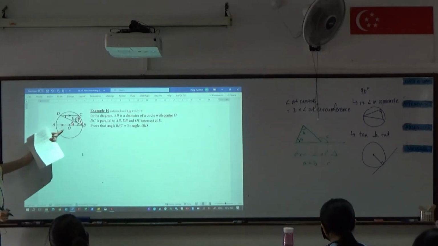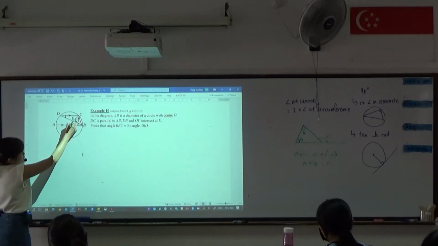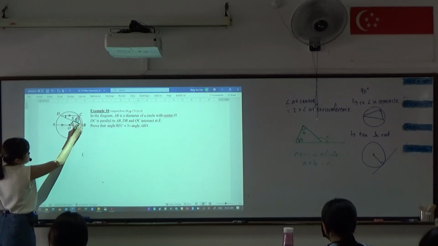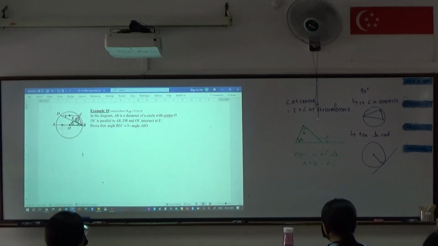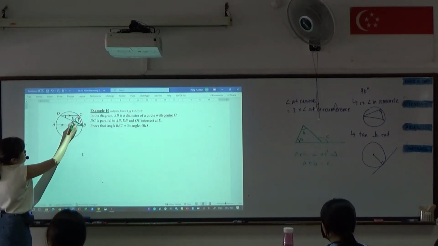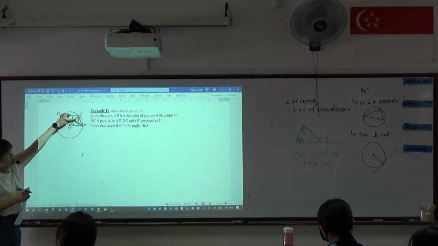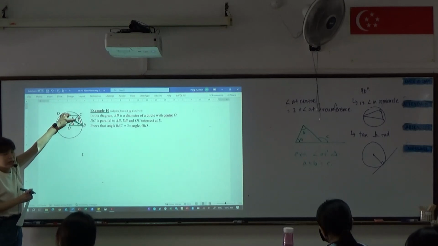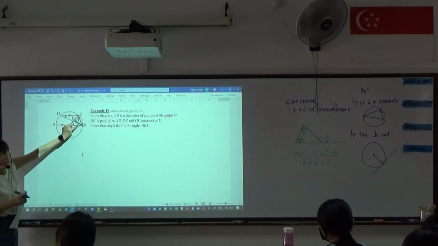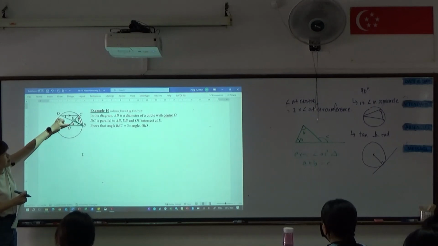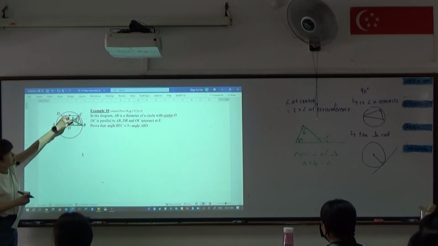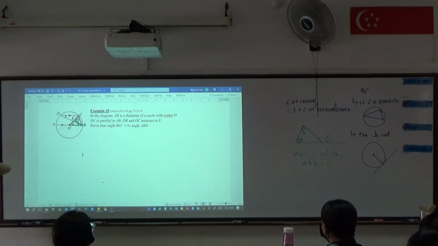So what do we see over here is that with this triangle, if I were to extend it out like that, do we see that this triple angle that we want is actually the exterior angle of this one plus this one. So if this is double and this is single, this adds up to be 3. You all see that?